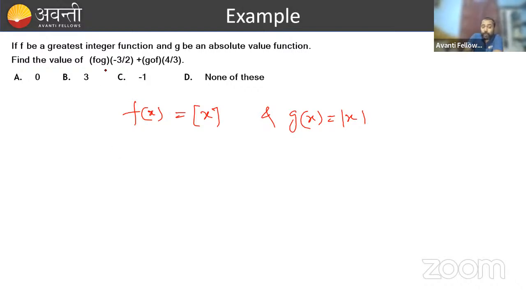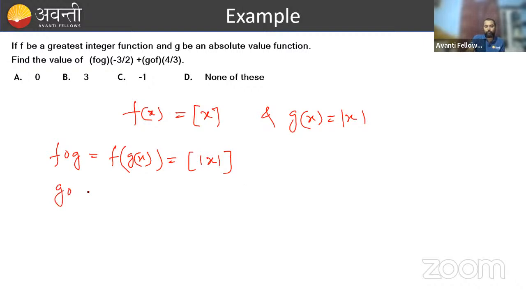Before finding this, first find f of g of x, or fog. So fog is actually f of g of x, right? Here g of x is your input, so instead of x in the greatest integer function, we'll write the absolute value of x, or greatest integer of modulus of x. So this is my fog.